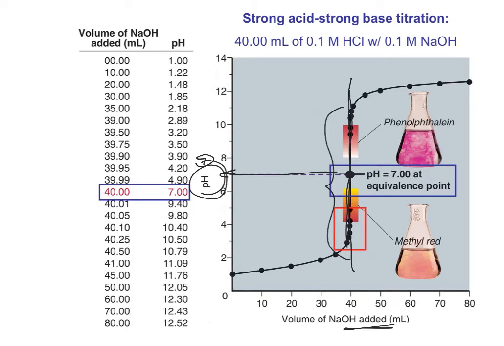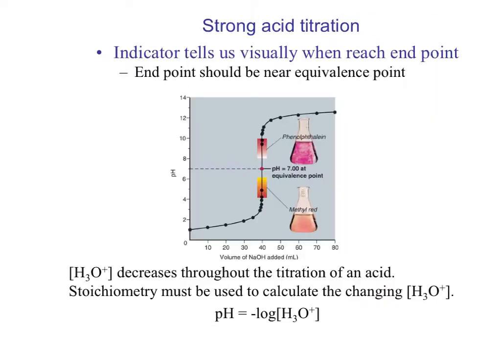So if the pH at the equivalence point is 7, that means that it is a strong acid that is being titrated. Before you add any sodium hydroxide, it's just the pH of the acid by itself. So this solution of acid, before you start titrating, has a pH of about 1. Again, if you don't have a pH meter, you typically want to put in an indicator.